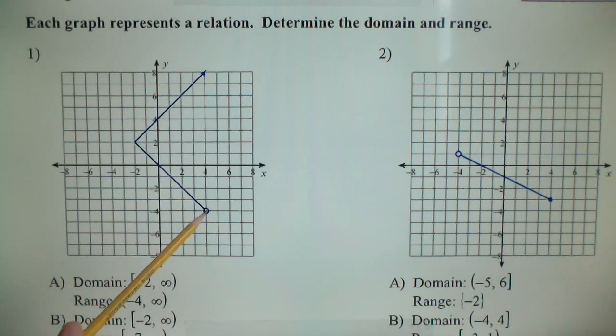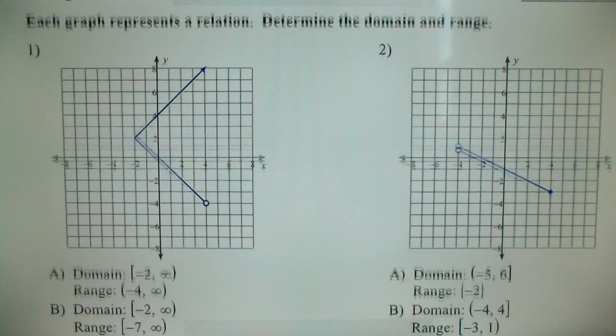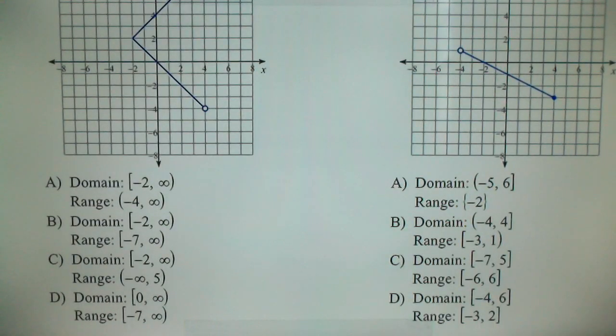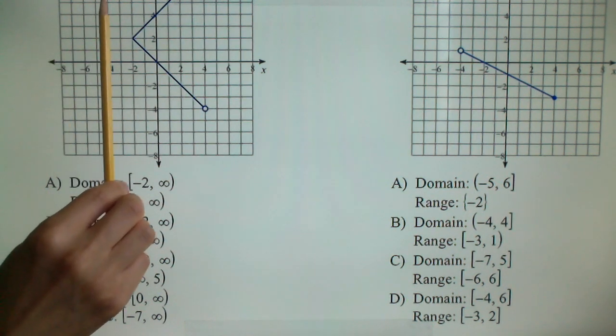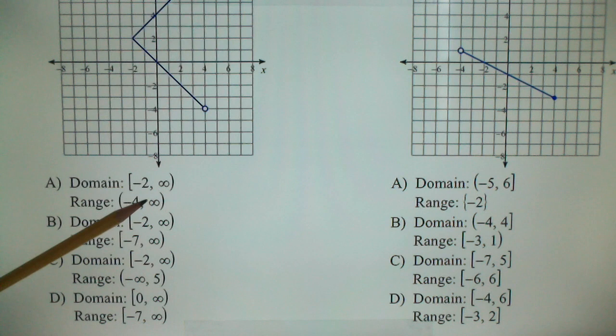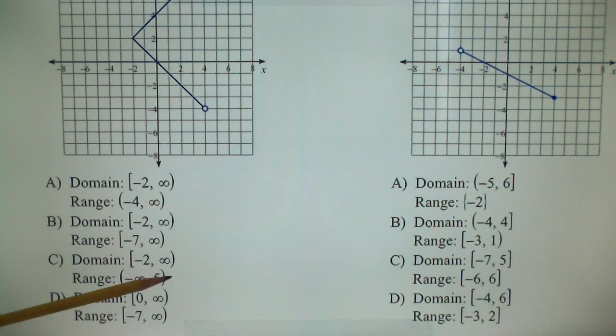But we'll see this is open, so -4 will be parenthesis. So let's see what's the answer. Number 1: -2 to infinity, -4 to infinity. So the answer is A.